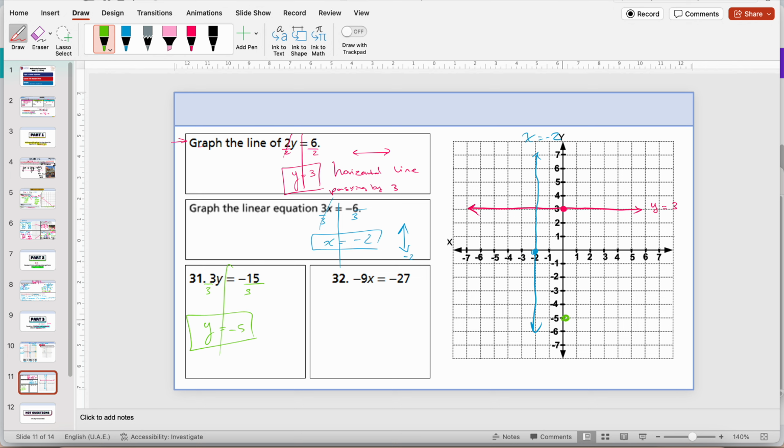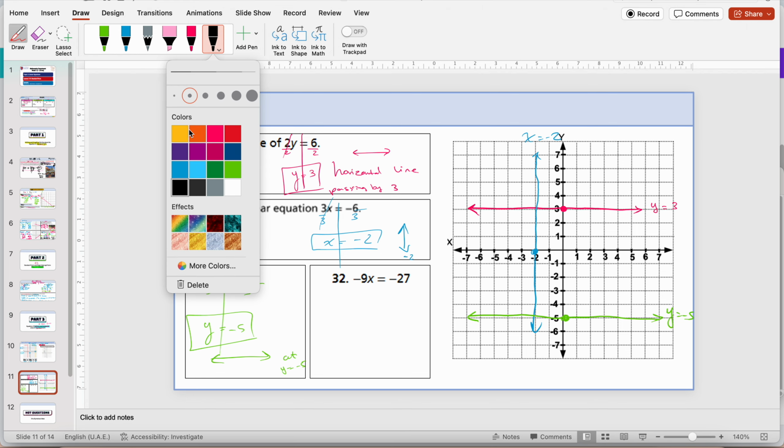Here we go. This is a horizontal line, a straight line supposed to be. Better. So it's a horizontal line at y equals negative 5.